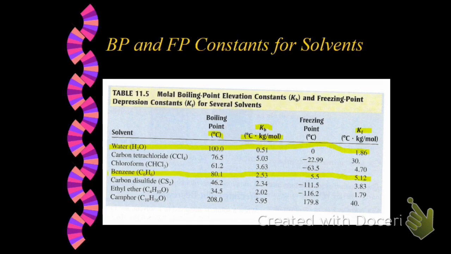So I have to pick my solvent and then tune into whether they are asking you to find a boiling point or freezing point, so that you know whether you want to be looking at this column here or this one over here. You will need this table as we solve some example problems together in our next video.